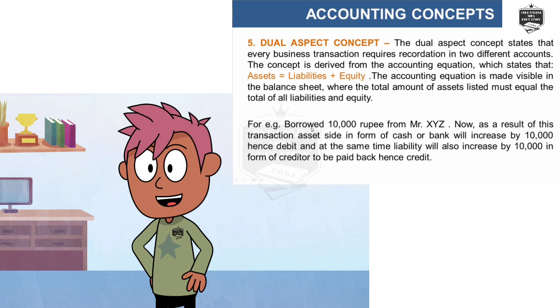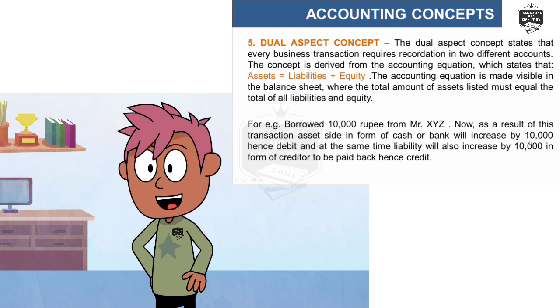Now see, for example, that the business has borrowed 10,000 rupees from Mr. XYZ. Now, how would this transaction be recorded? As a result of this transaction, asset side in the form of cash or bank will increase by 10,000. Of course, because we have borrowed 10,000 rupees from Mr. XYZ, now our business will have a debit of cash or bank account by rupees 10,000.